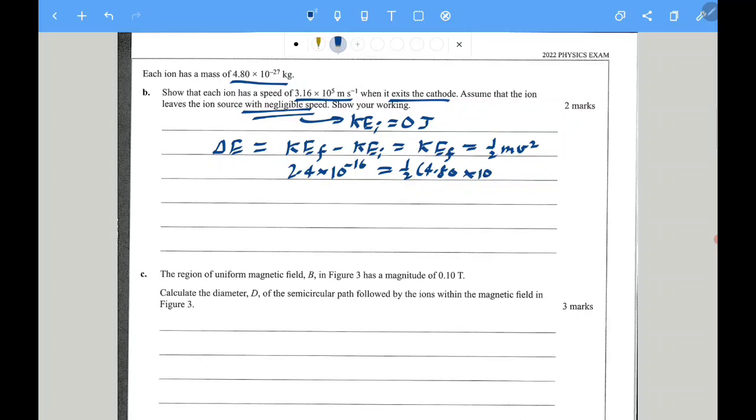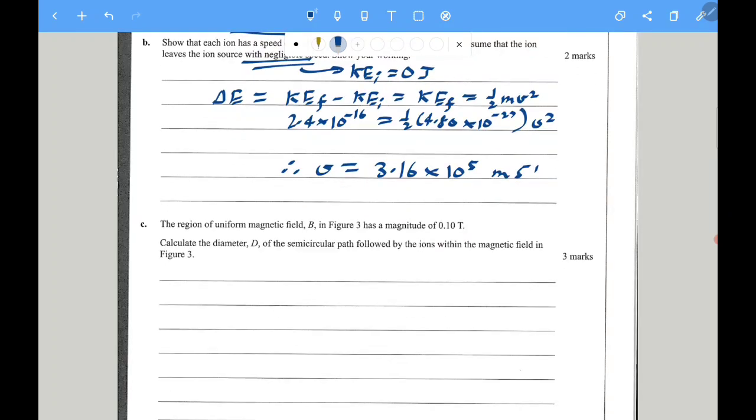Remember guys, you'll always get 1 mark for subbing in the values into the formula, or at least if you write down the formula. Alright, and we do indeed get 3.16 times 10 to the power of 5 meters per second.